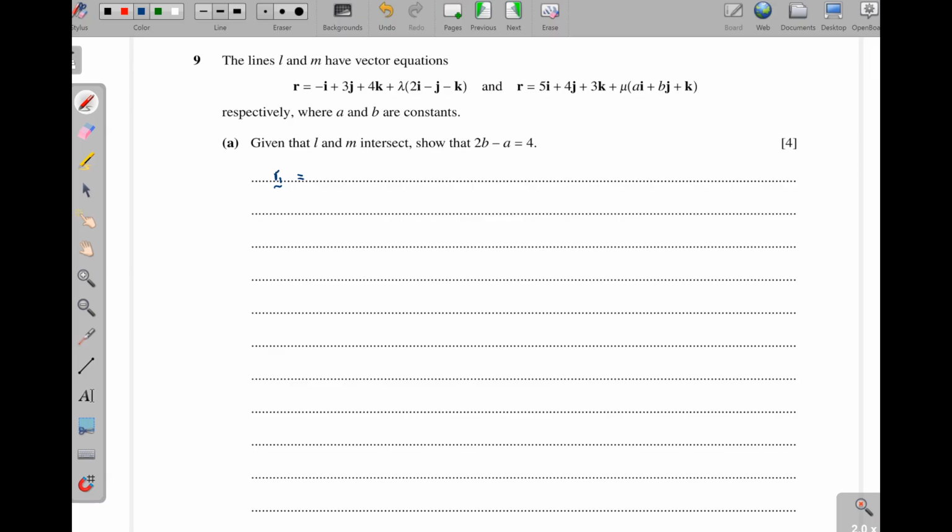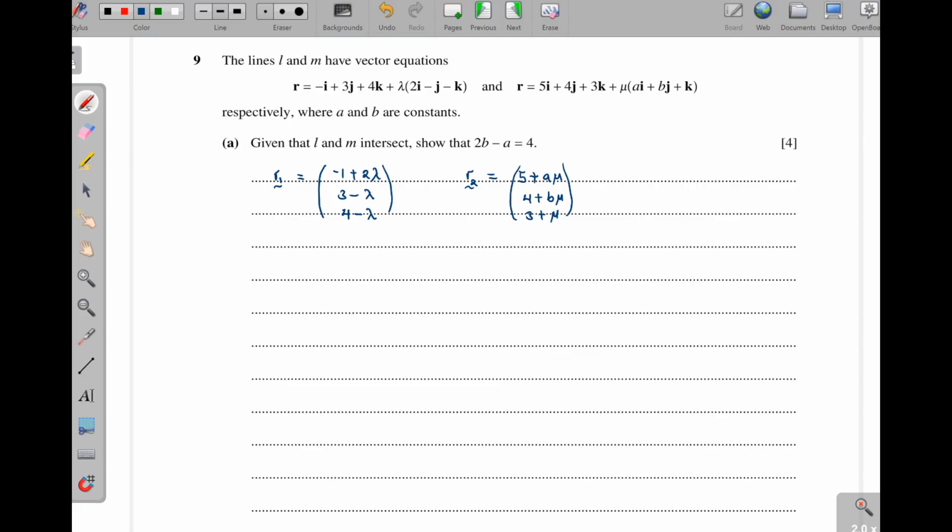For this one here, we are going to have -1 plus 2 lambda, then the y coordinate is 3 minus lambda, then the z coordinate is going to be 4 minus lambda. Then R2, for this other one here, it is going to be 5 plus a mu, then 4 plus b mu, and then the other one is 3 plus mu. You see that?